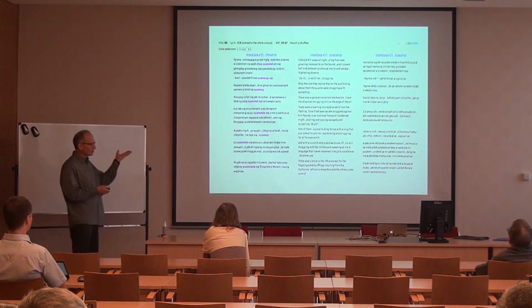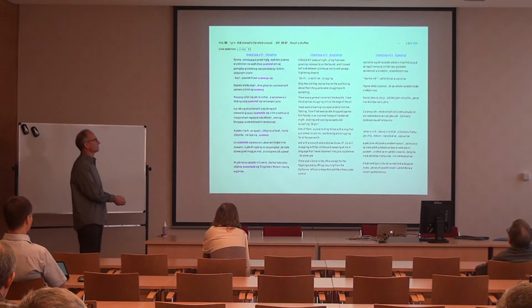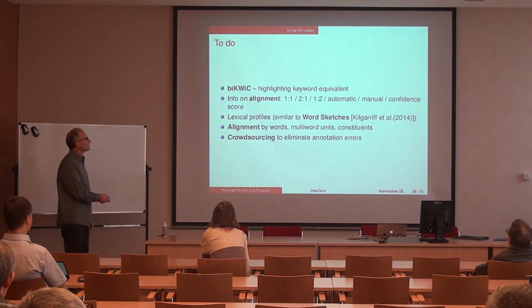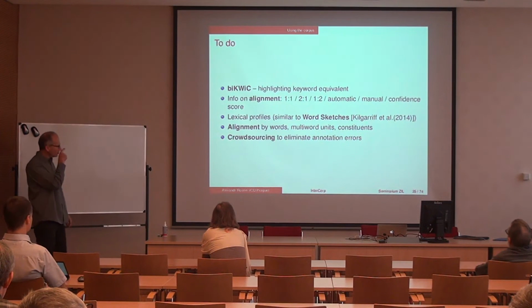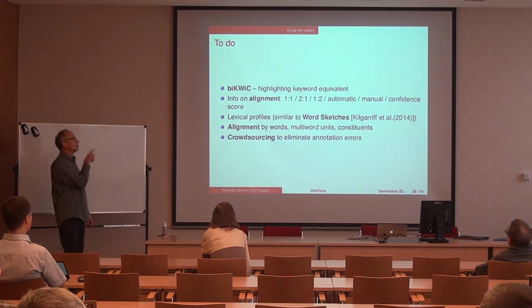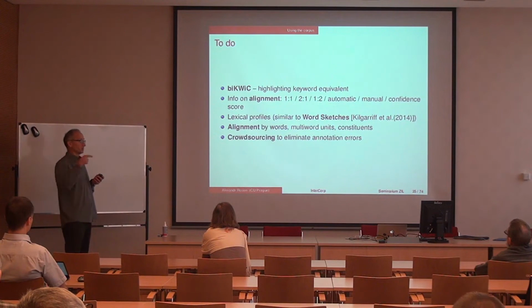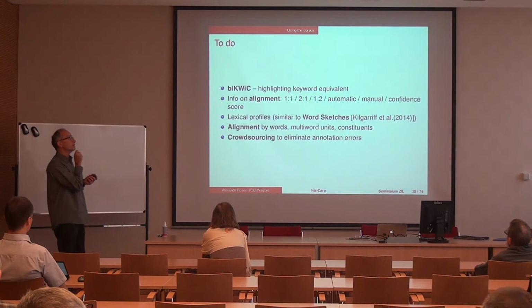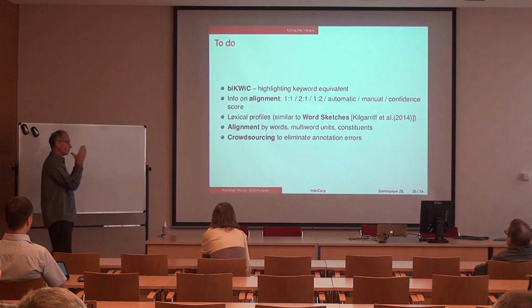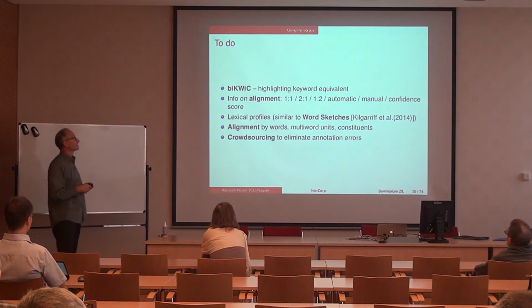So you have to search for yourself. What we should do in that corpus query interface, or the search engine, is add the option to highlight the corresponding equivalent of the keyword that we queried in one of those texts.